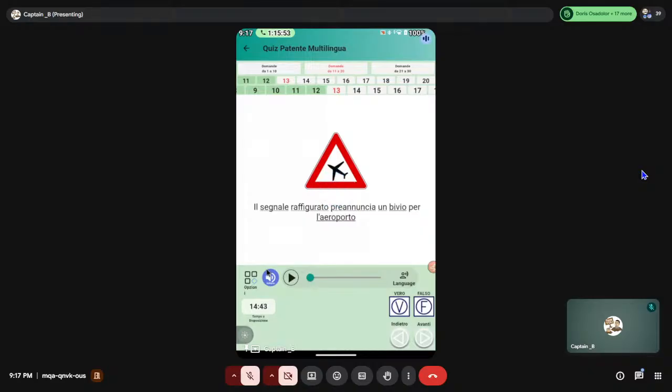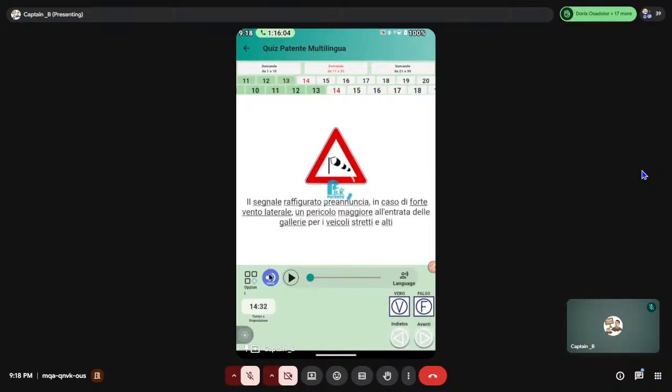Il segnale raffigurato preannuncia un bivio per l'aeroporto. Falso. Sandy Best. Il segnale raffigurato preannuncia, in caso di forte vento laterale, un pericolo maggiore all'entrata delle gallerie per i veicoli stretti e alti.